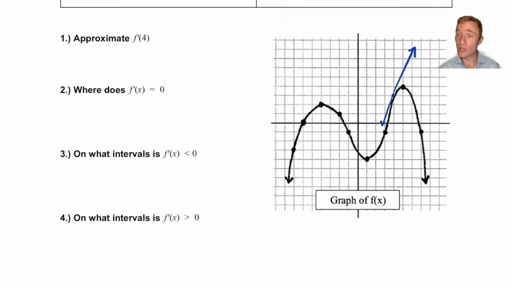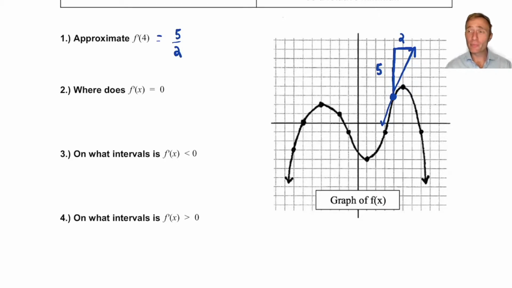It looks like the tangent line at 4. It has a slope of up 1, 2, 3, 4, 5, it looks like, and over 2. So the derivative at 4 of this function equals 5 over 2, or at least approximately. Maybe it's 4 over 2 and my line's not great, but I get 5 over 2 there.